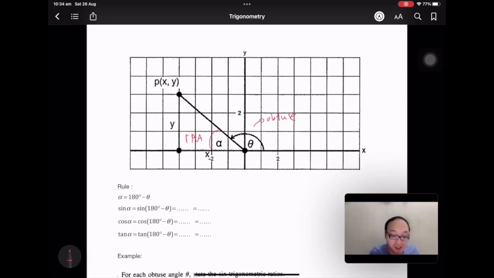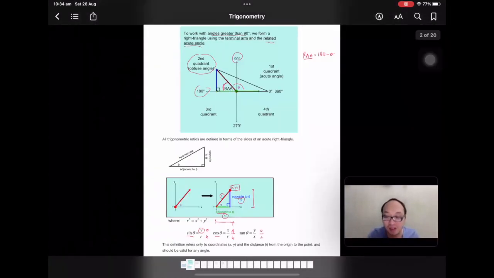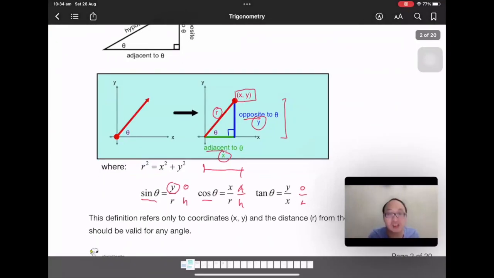So alpha is 180 minus theta, the related acute angle. So sine of alpha is equal to the sine of 180 minus theta. So this is equal to y over r. Back to the definition, sine theta is always y over r, the opposite over the hypotenuse.